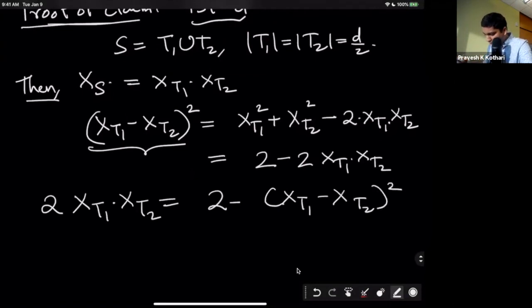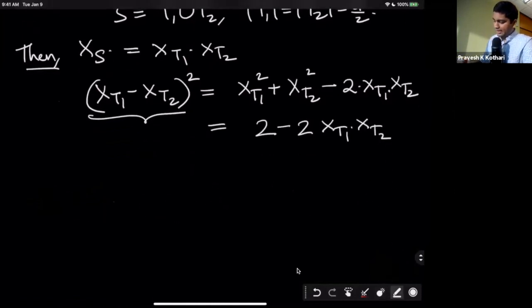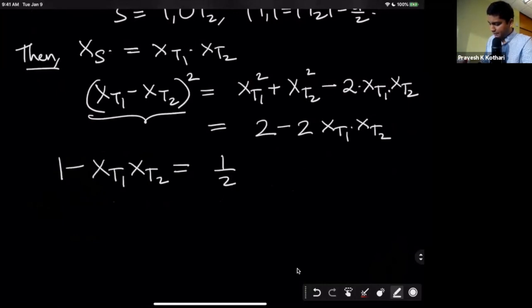Wait, did I do it right? Wait, sorry. That's not what I want to do. That's a useless step. I guess all I want to do is divide by 2 throughout. So I guess what I have proven is that 1 minus X_T1 X_T2 equals half of (X_T1 minus X_T2) squared.